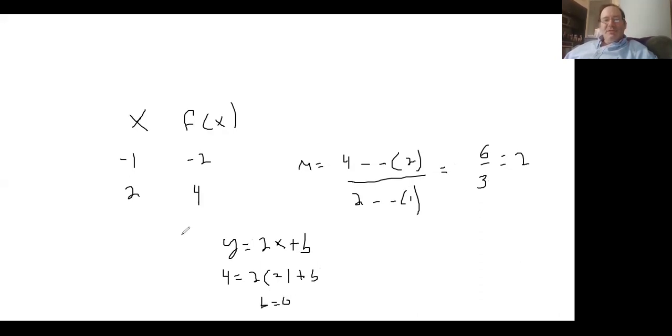I mean, you could have seen this if you see the trend, right? You want to figure out the value when x is 0. So between 2 and -1, right here, this goes down by 3 and this goes down by 6.